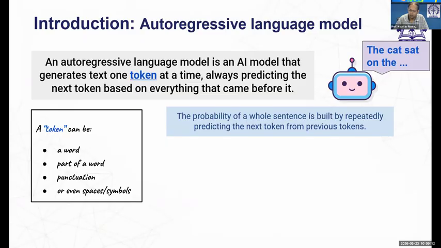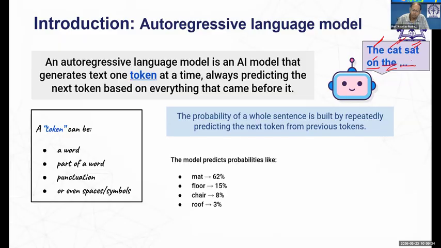Similarly, when it predicts this particular word, the, the previous context is the cat sat on. When it predicts on, it gets the previous context, the cat sat. So given this sentence, the cat sat on the, we have to predict the next token. And what are the possible options for the LLM?